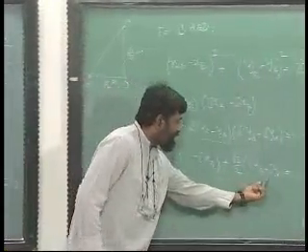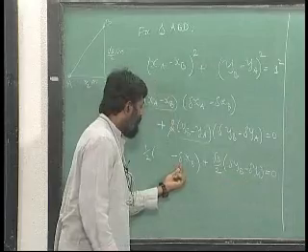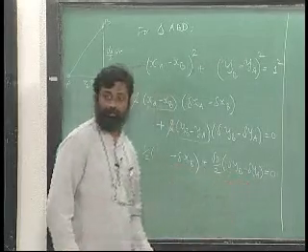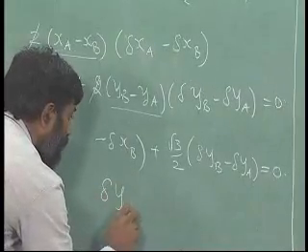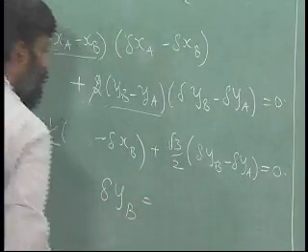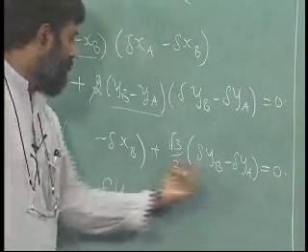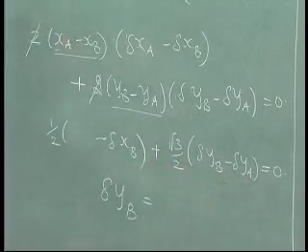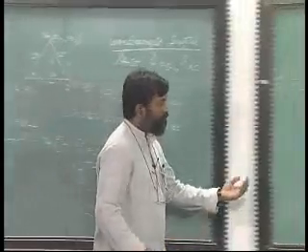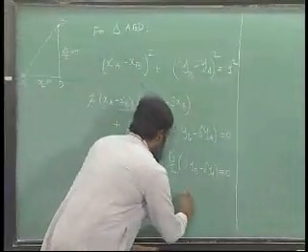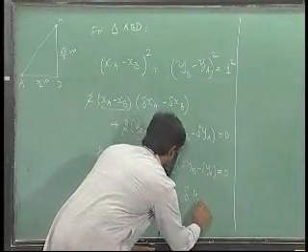Now this relates delta ya to delta xb and delta yb. The net result will be delta yb in terms of delta ya. I already have what is delta xb, if I substitute here I will get it in terms of delta ya.